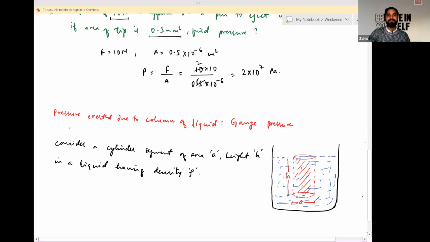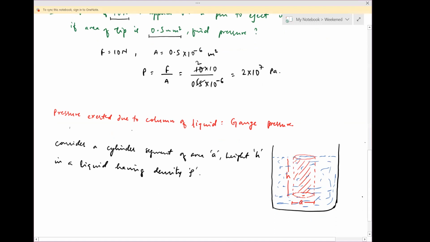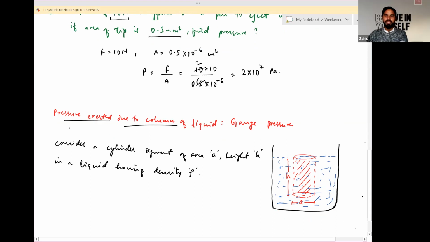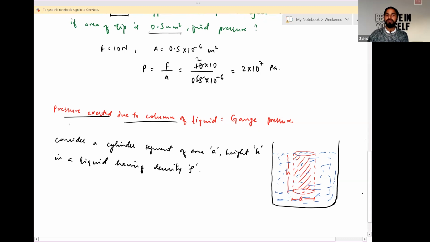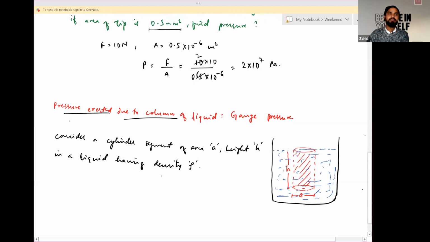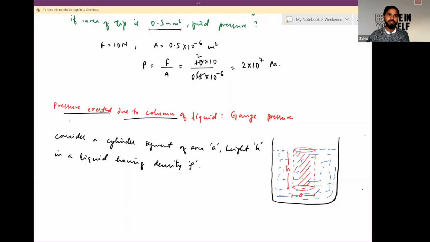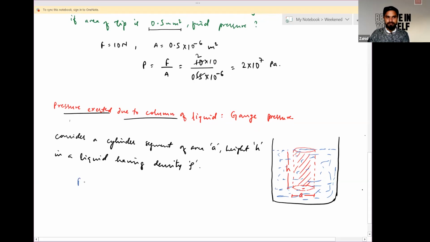For pressure, we need two different terms. First is force and second is area of cross section. First is the force exerted. It will be due to the mass of this considered segment of liquid.